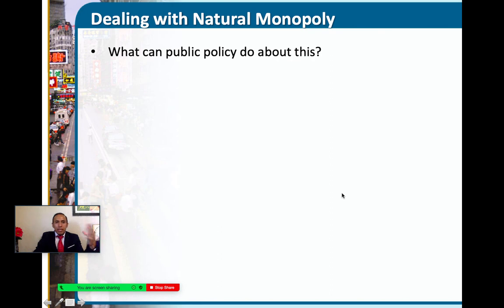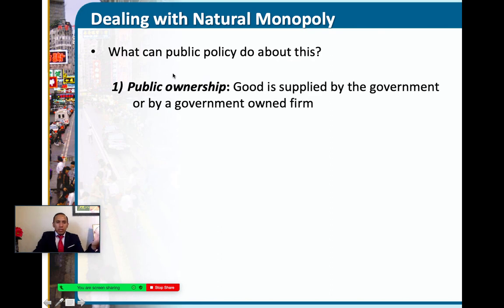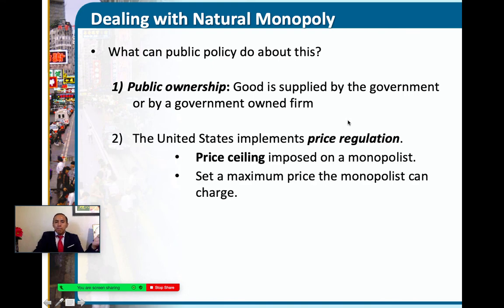Public policy making can regulate monopolies by taking control of them through public ownership. The good is simply supplied by the government, or it's government-owned, government-run, but sometimes publicly owned companies are not as good. Sometimes the private sector may provide some benefits, depends. The United States may implement price regulation, in some cases a combination of both.